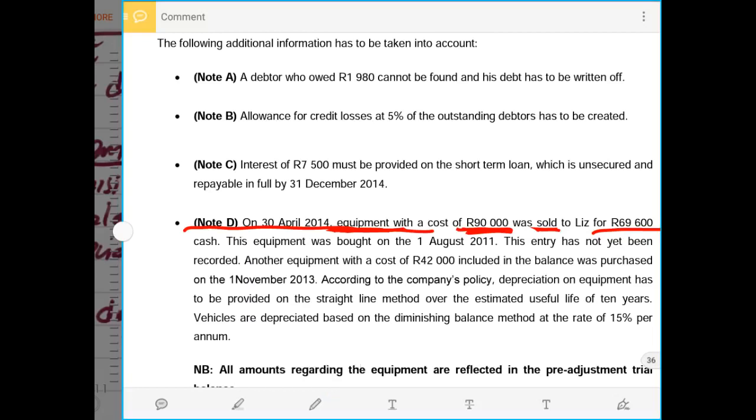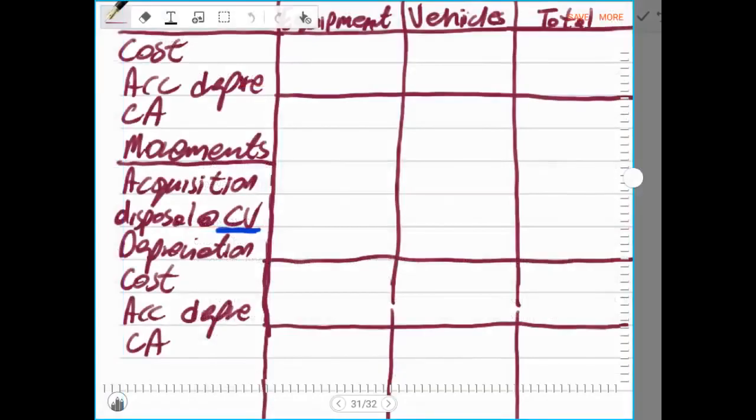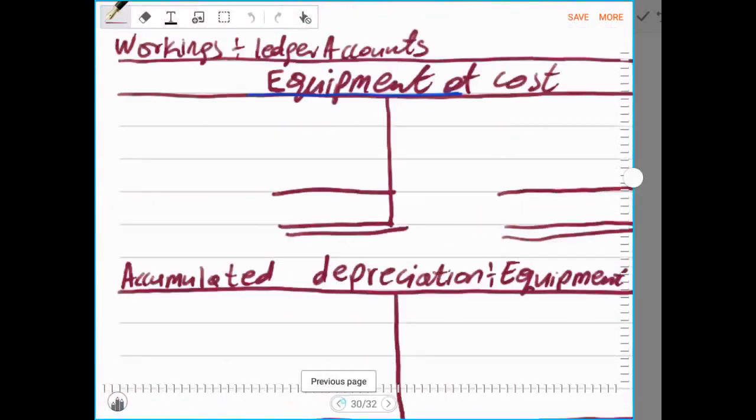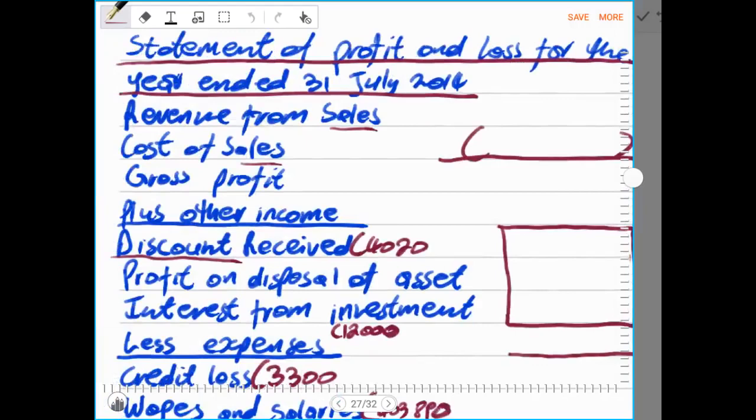Under the first note, note number A, they're telling us that a debtor who owed us 1,980 cannot be found, and his debt has to be written off as irrecoverable, obviously. So this is the debtor who was unable to pay us. We traced him, he was nowhere to be found. The amount is 1,980, and whenever that is a bad debt, it must go straight to the income statement and the balance sheet.